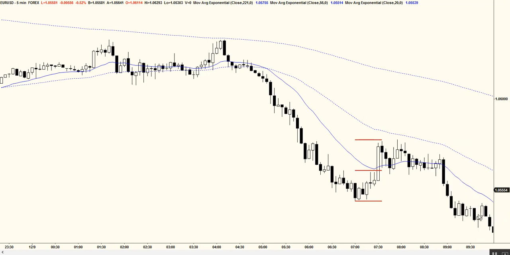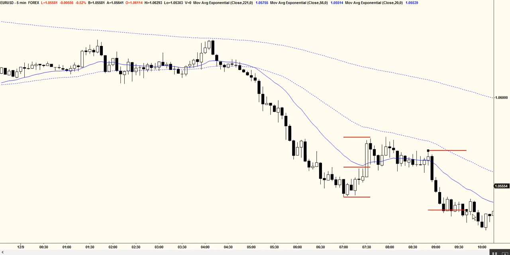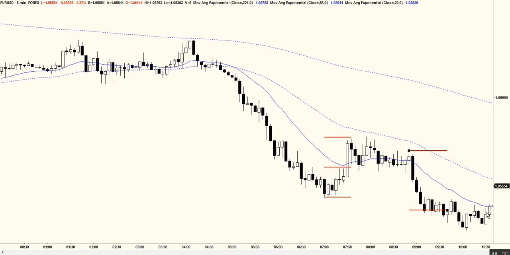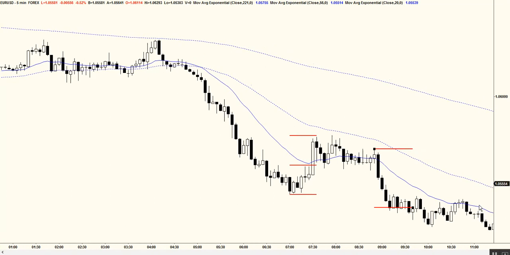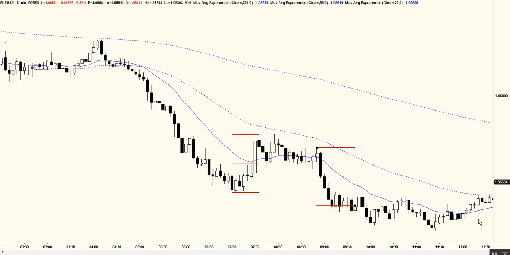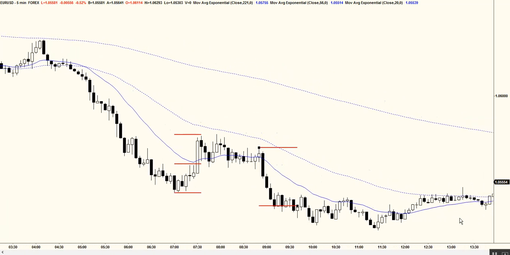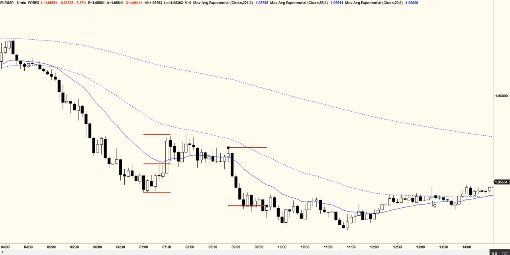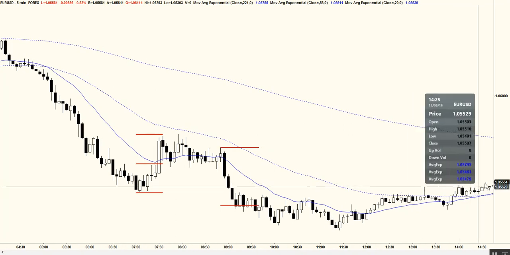Bulls will buy here, put their stop up here, and look to buy above a bull bar. And eventually they can just take profits.